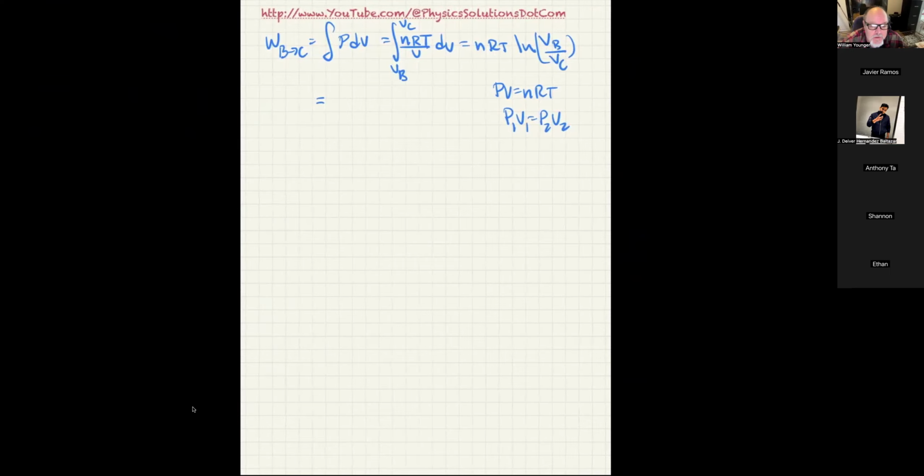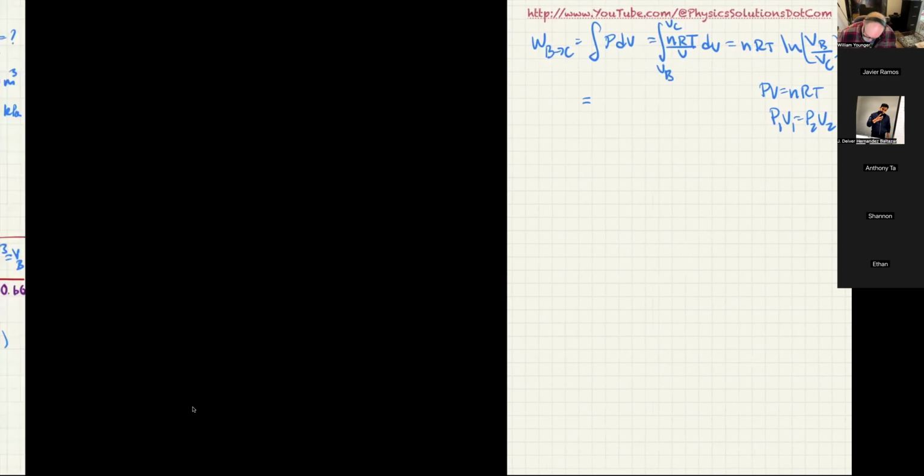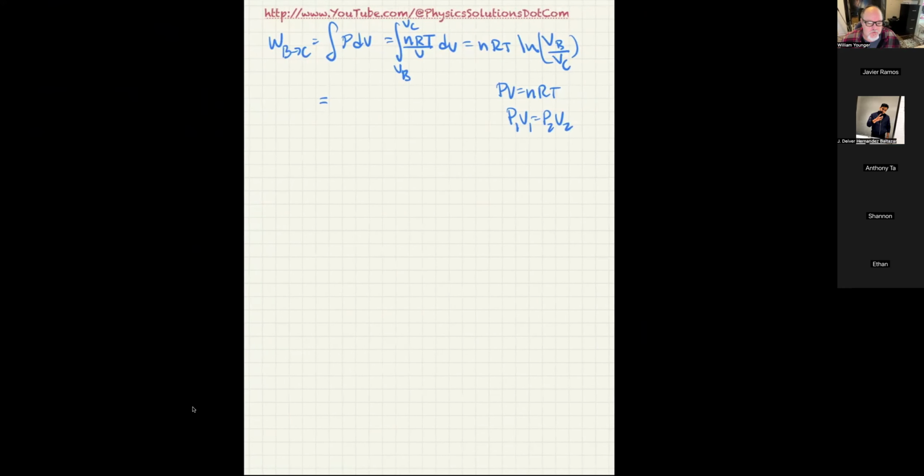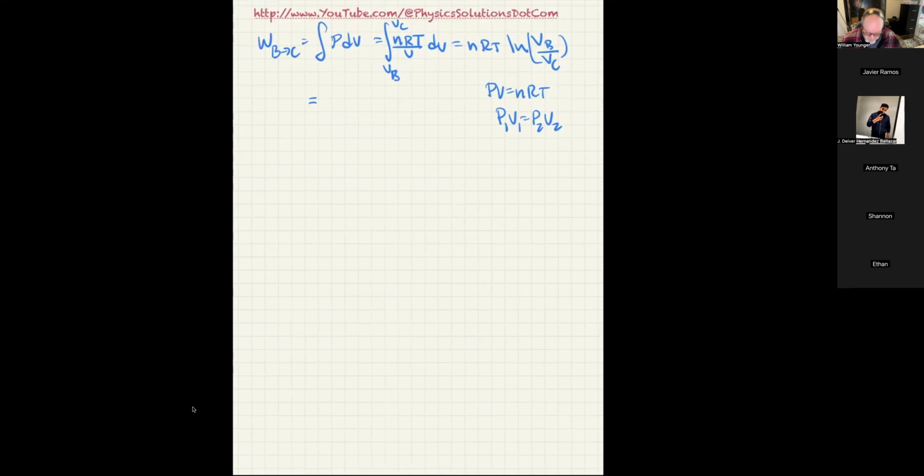And actually, I want to look at the graph again real quick just to make sure. Okay, so I did get about 37 kilojoules for the last part, and that seems about right.